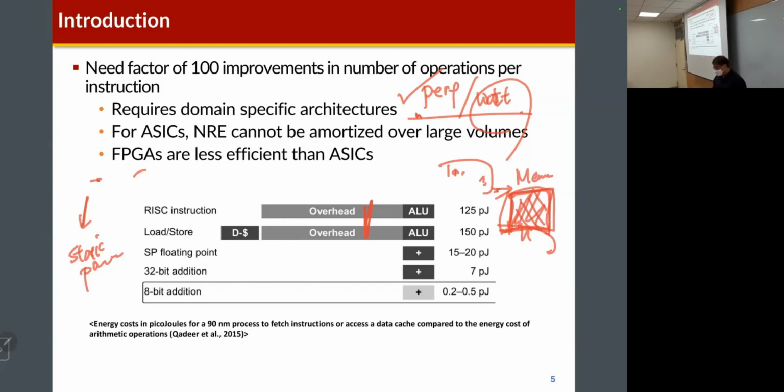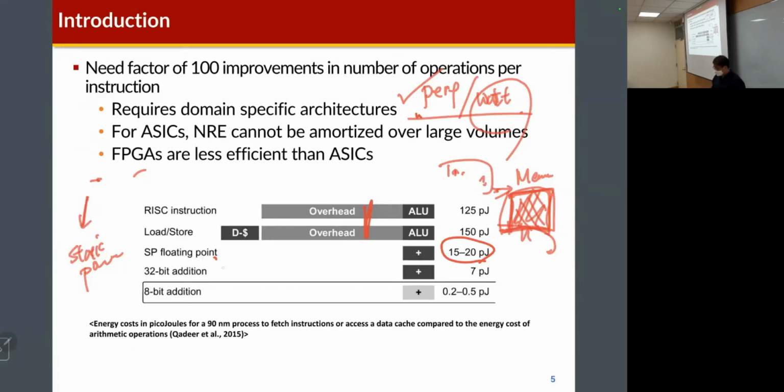Another good thing is that if we just focus on floating point execution, then the required power is reduced to 15 to 20 picojoules.